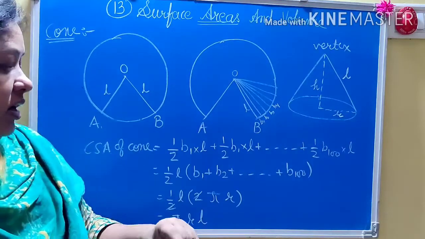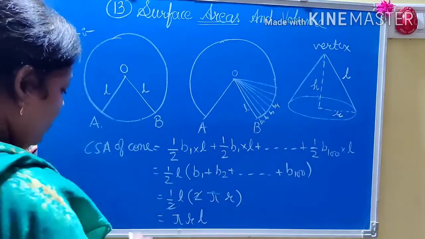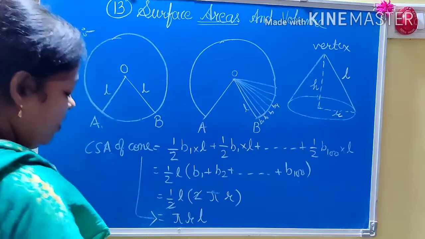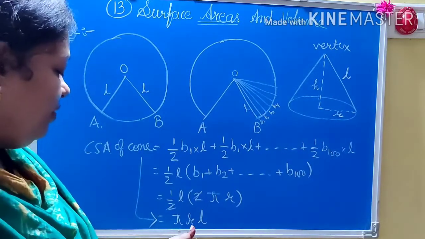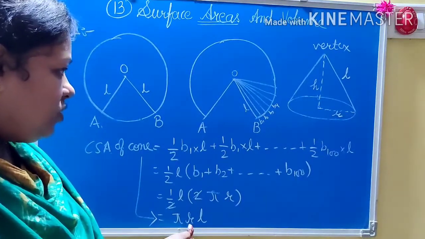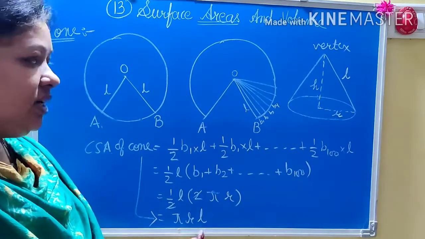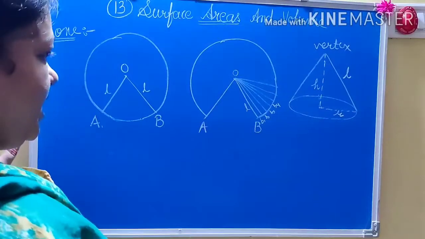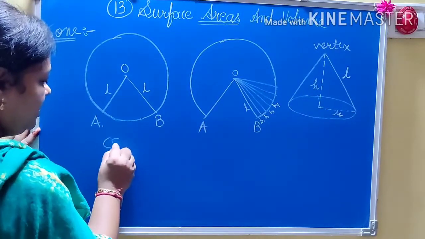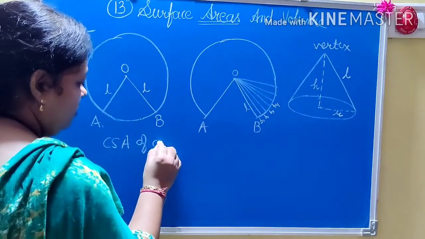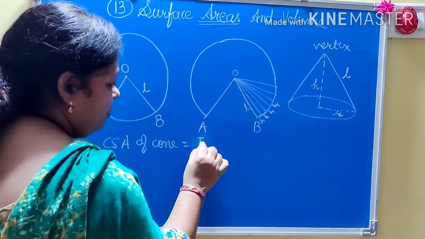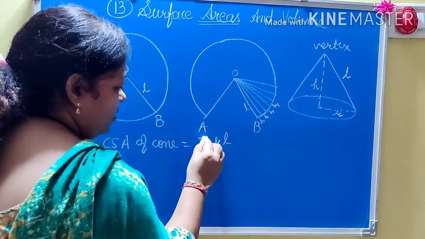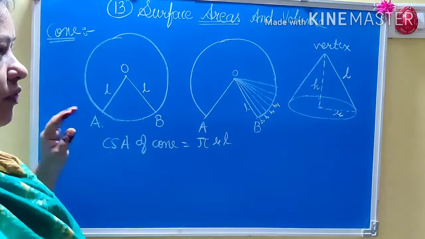You can find the CSA of a cone using this formula pi r L, where r is the radius of the cone and L is the slant height of the cone.